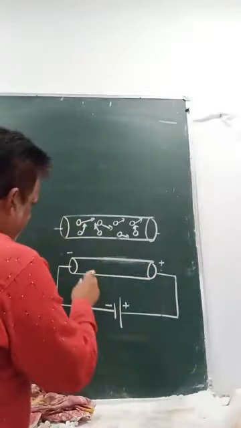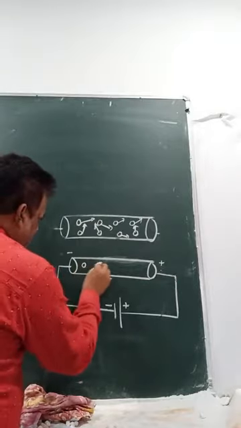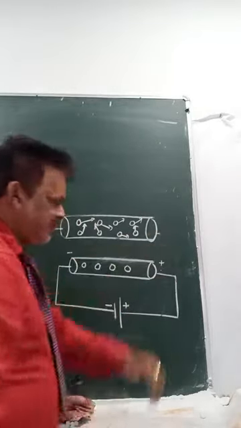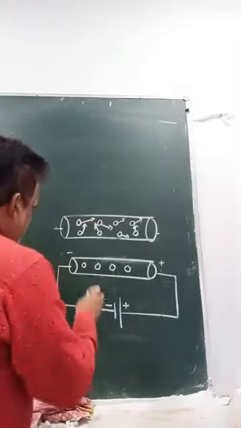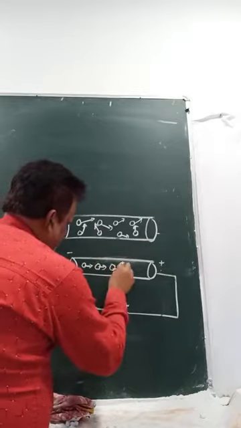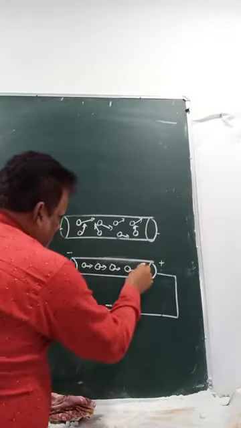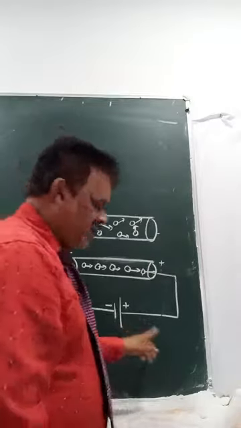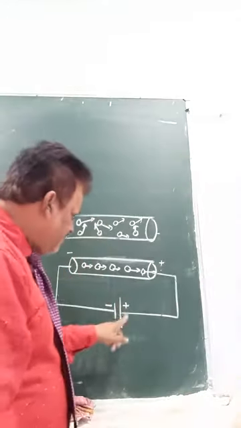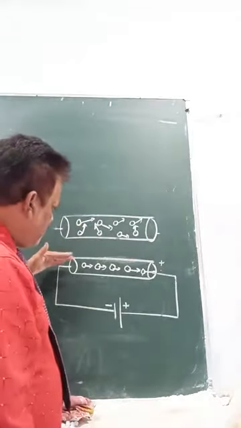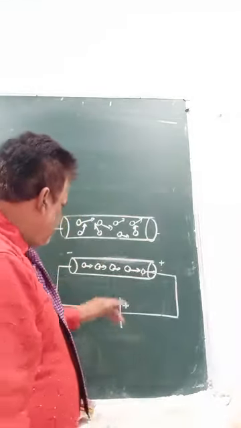These electrons first will be in the straight alignment order, not haphazard. When you give some potential energy from the cell, getting that energy they will move in one direction.